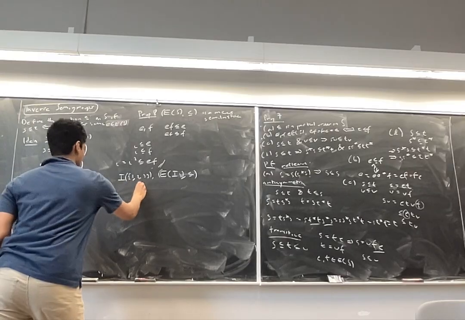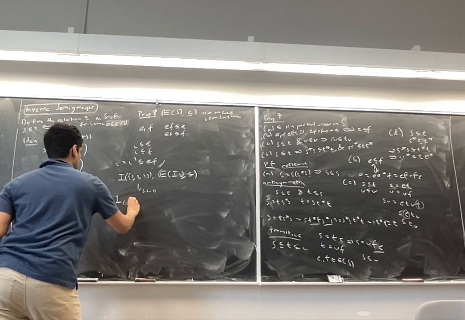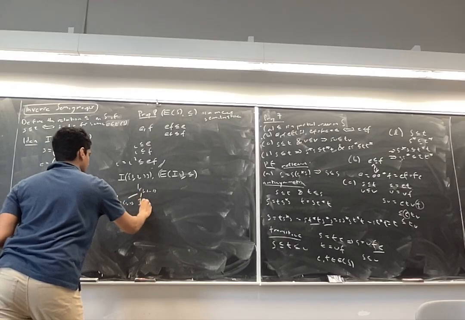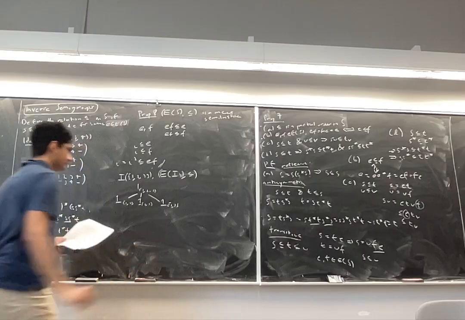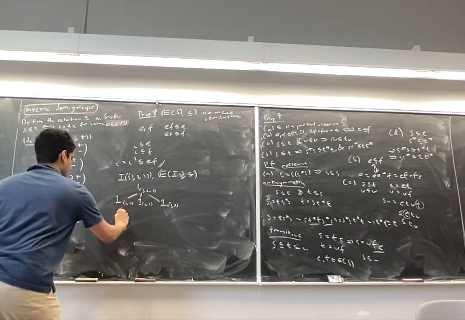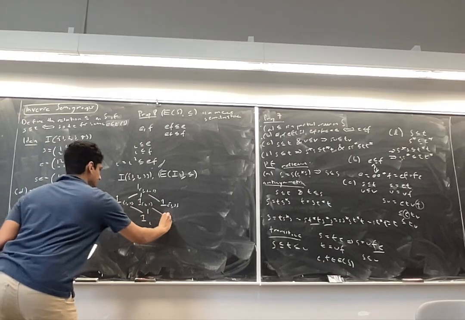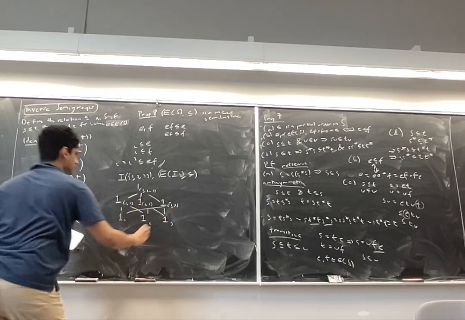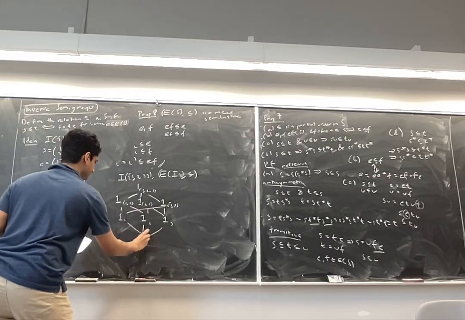So the partial identity on 1, 2, 3 is going to be above the partial identity on 1, 2, the partial identity on 2, 3, and the partial identity on 1, 3. Then these things on the second level are going to be above the partial identity on 1, the partial identity on 2, and the partial identity on 3. Something like that. And then finally you have the empty function at the bottom.